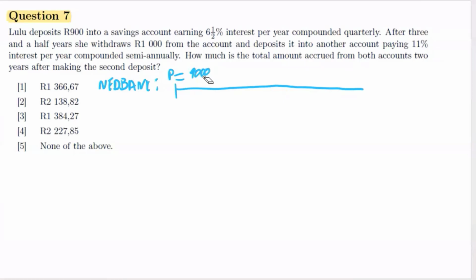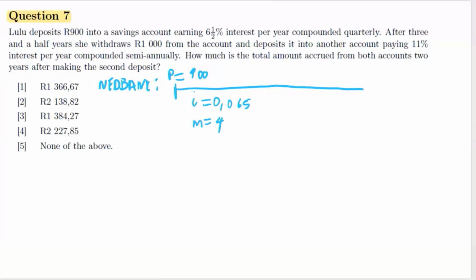And this account has an interest rate of 0.065, and it is compounded quarterly. It is compounding quarterly, and then it is running.